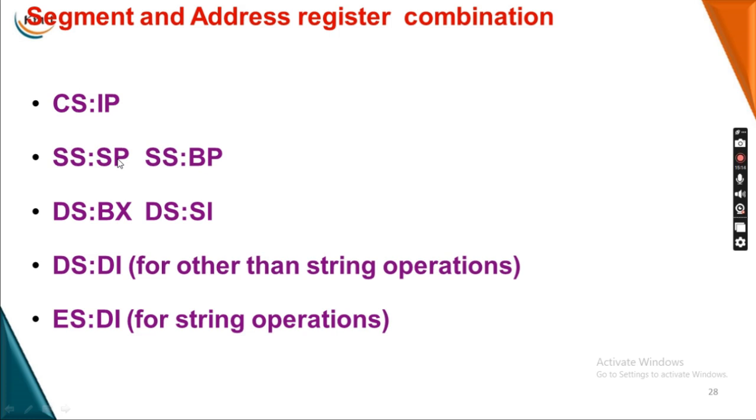Stack pointer is the top of the stack; base pointer is the remaining part of the stack. For the data segment, SI, the source index; DS can be destination also. The extra segment for string operations uses DI. This is about the memory segmentation.